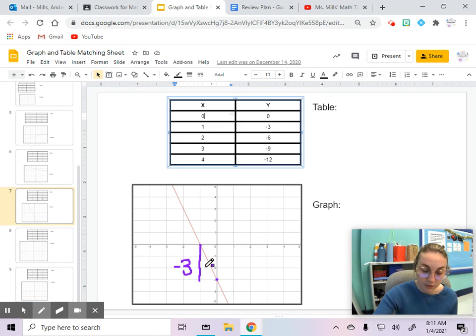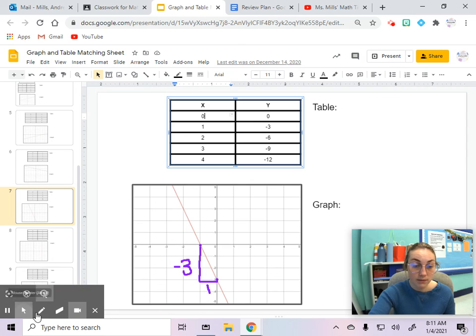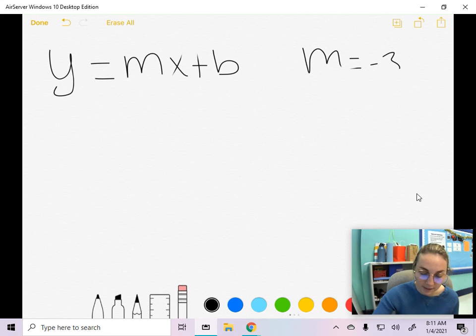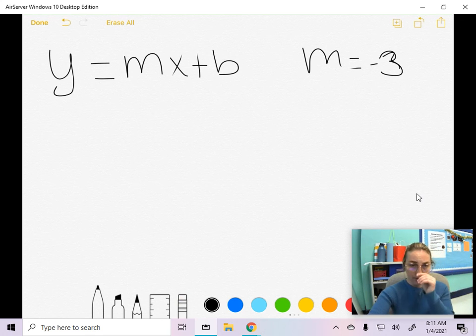So my numerator is going to be -3, and then it ran 1 time. So it's going to be -3 over 1. Cool. So my slope is going to be -3. And I already have that written right here. I can go ahead and erase the denominator because anything over 1 is just the number. So slope is -3. So cool, let's find the y-intercept.